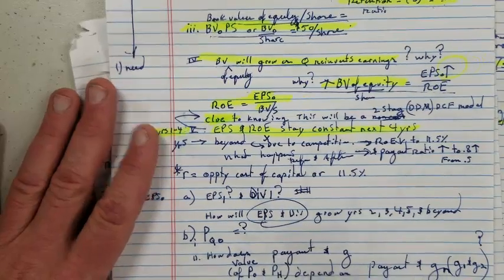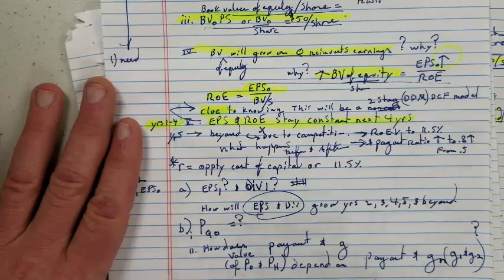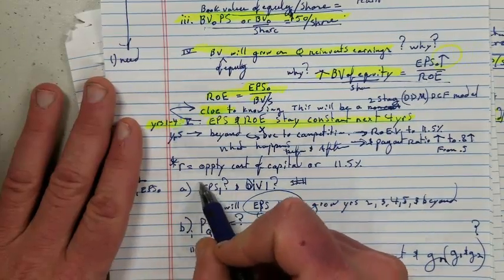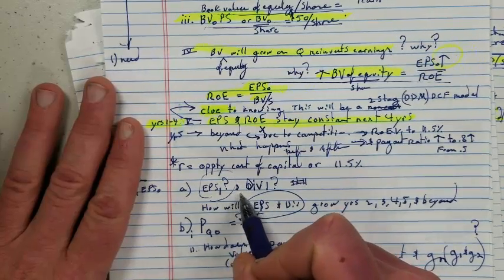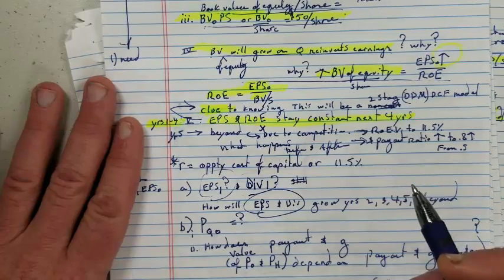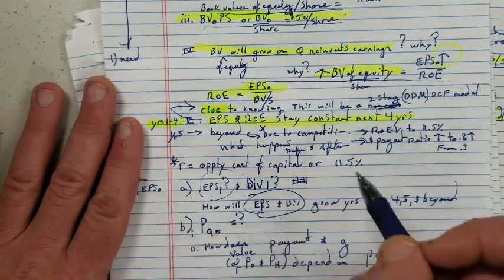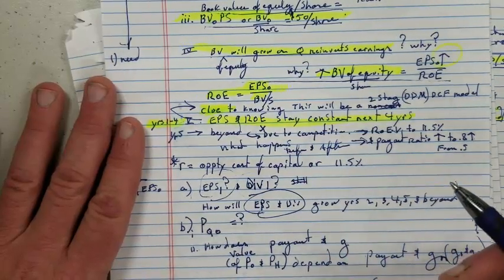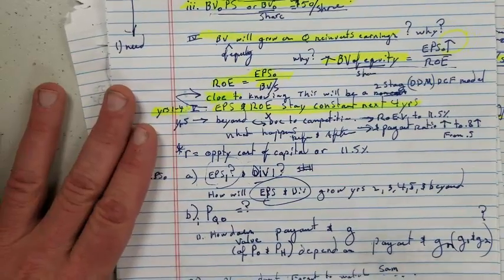So a couple of things that we're going to want to solve for first is our earnings per share 1, and that will allow us to get the dividends per share, okay? And then in question A, it says, how will they grow over years 2, 3, 4, and 5 and beyond?